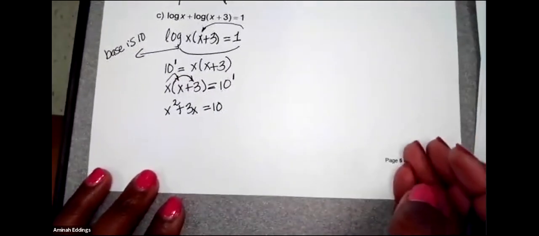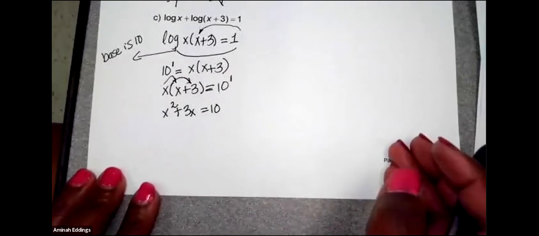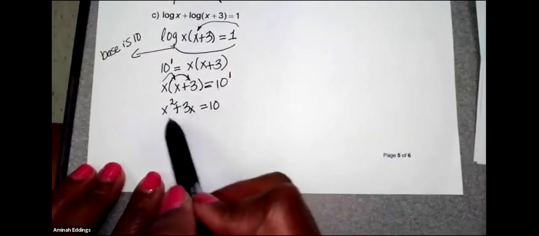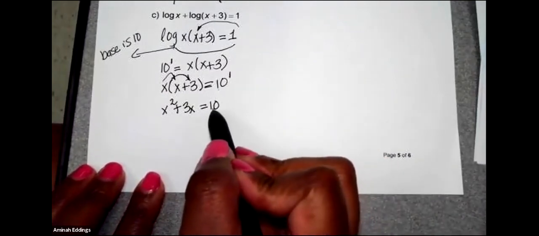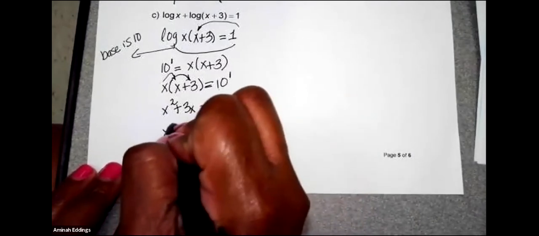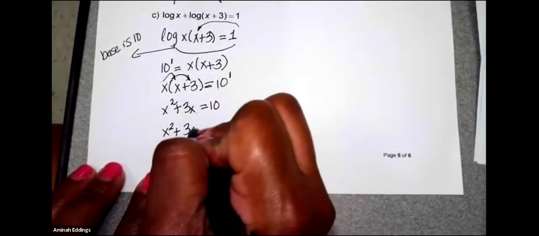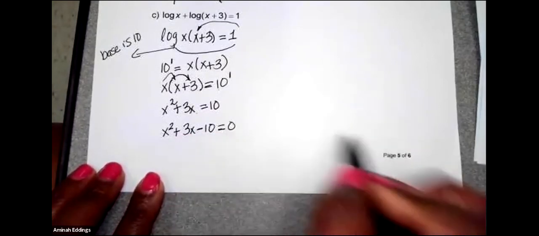Okay, have I lost anyone? Okay, because I have a quadratic, that means I'm gonna have to solve this one by factoring. And so I need to bring my 10 over. So this is gonna become x squared plus 3x minus 10 equals 0.